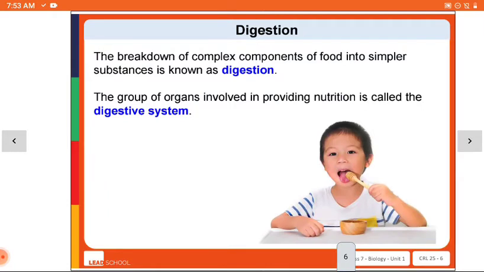So digestion is the breakdown of complex components of food into simpler substances. This is known as digestion. The group of organs involved in providing nutrition is called the digestive system.